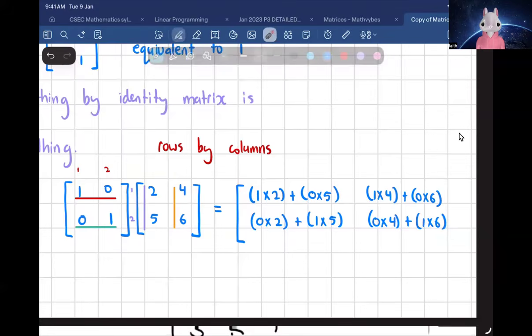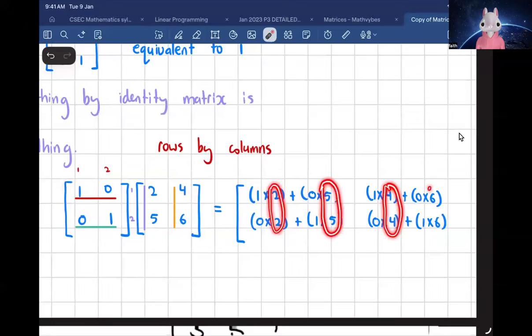And as you can see, if we did it correctly, can you see what I'm talking about? Are the numbers lining up or not? Yes.